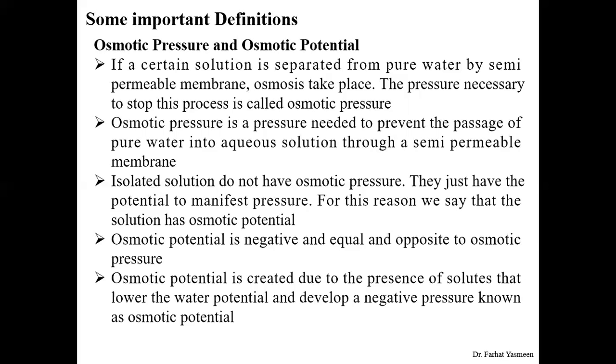It is negative and equal and opposite to the osmotic pressure. Osmotic potential is created due to the presence of solutes that lower the water potential and develop a negative pressure, which is known as osmotic potential.